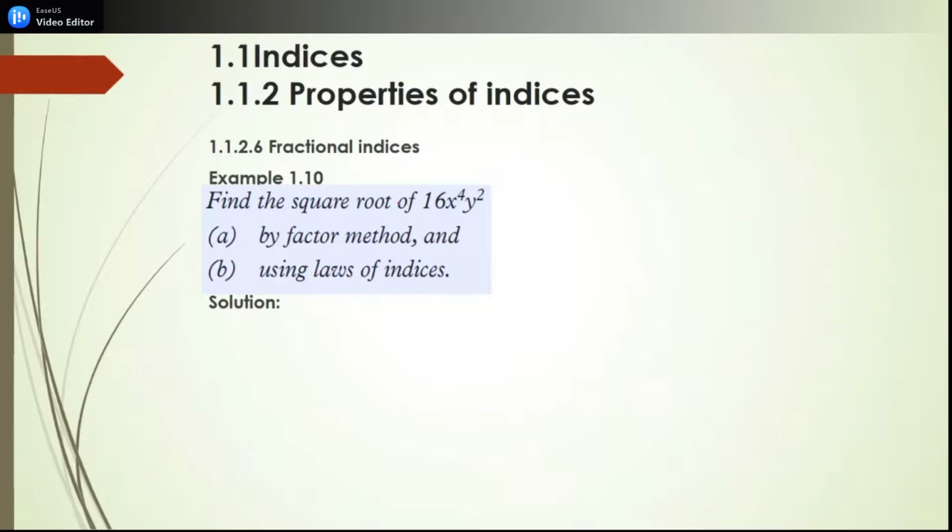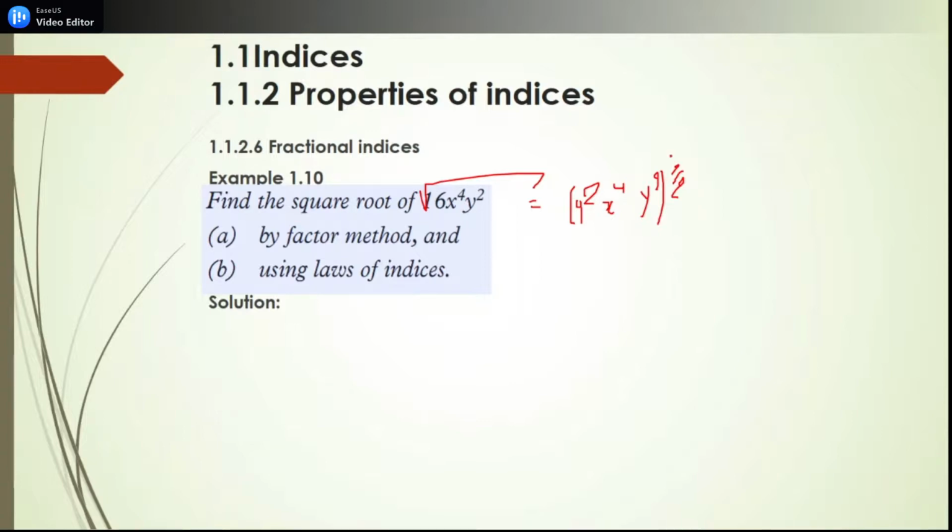Find the square root of this one. Suppose you have to write the square root of this. It's like writing 4 square times x power 4 times y square, then power a half, because we know a square root is like writing power 1 over 2.